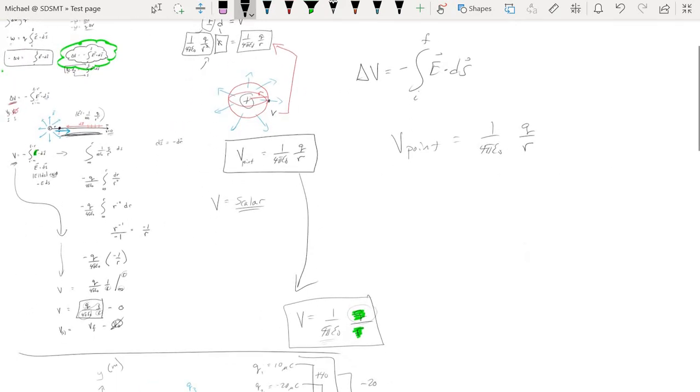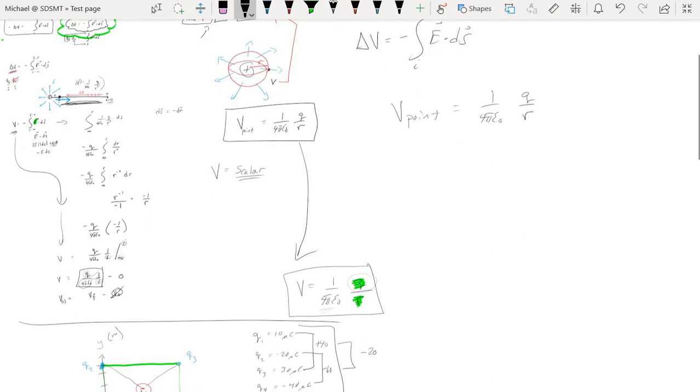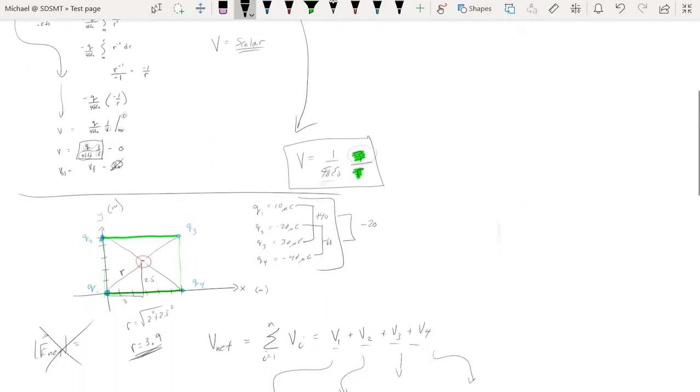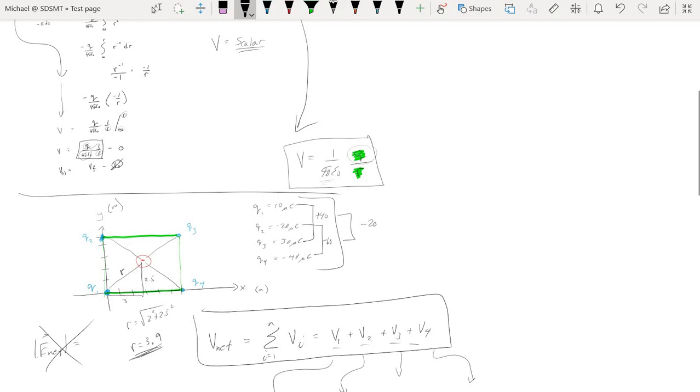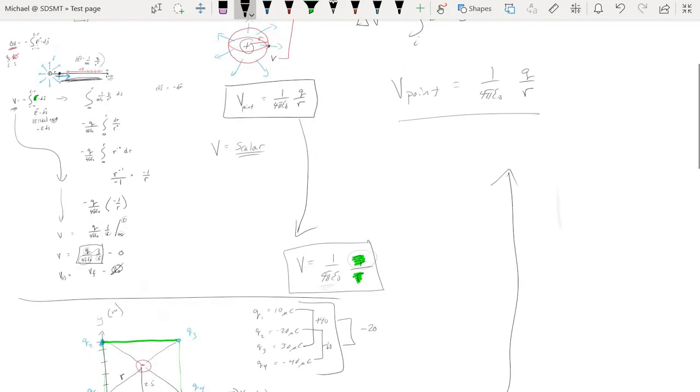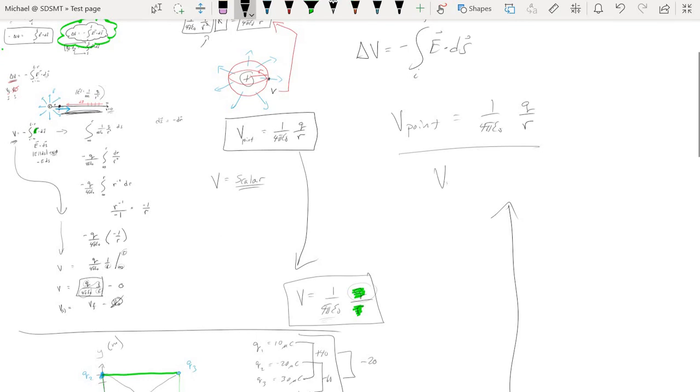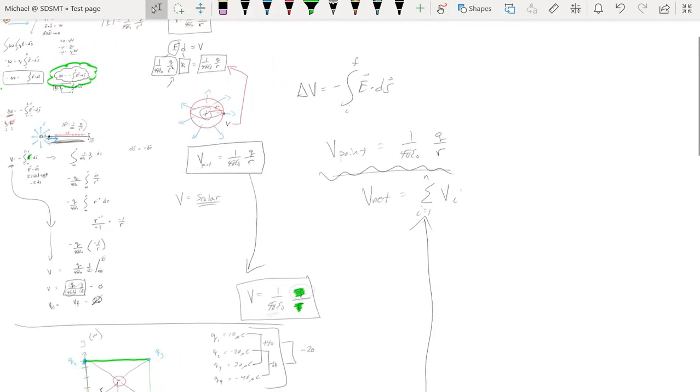And then we were able to take that and use it in a fairly straightforward summation process, where we can find the net electric potential by adding up all the potentials for all of the charges in the system. But we have to think bigger.